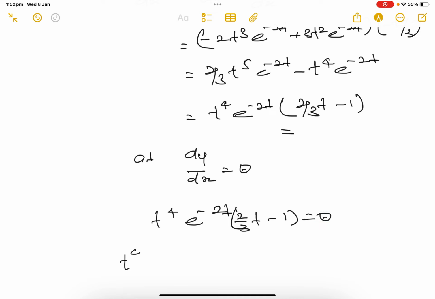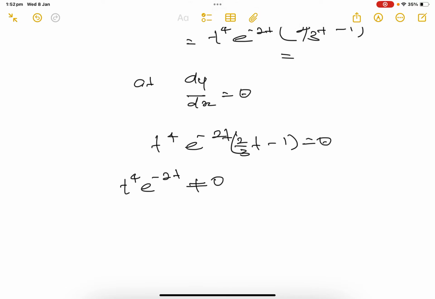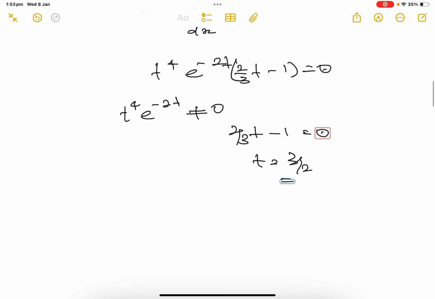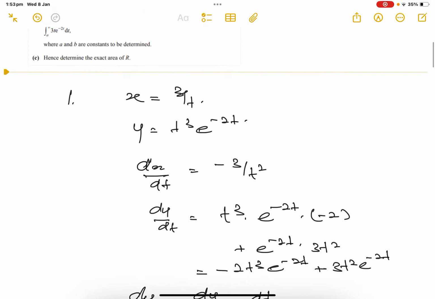So t to the 4 e to the minus 2t cannot be 0. The only thing that can be 0 is the bracket: 2/3 t minus 1 equals 0. From that, t equals 3/2. So we found t equals 3/2 at P.